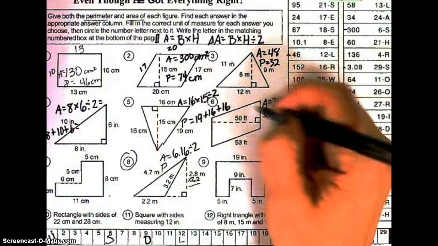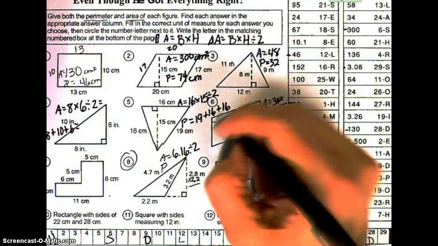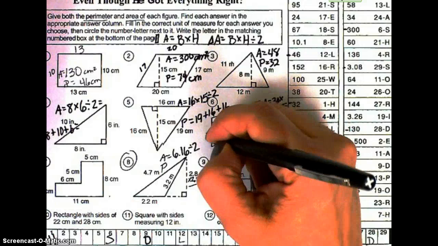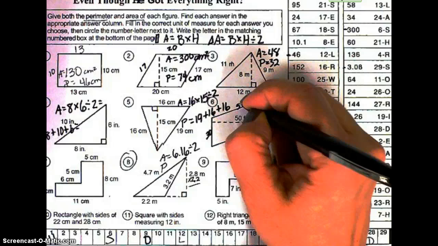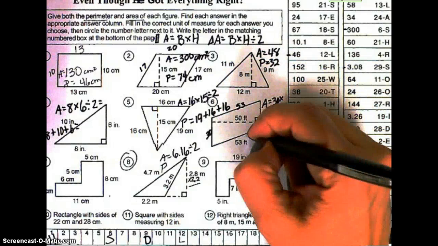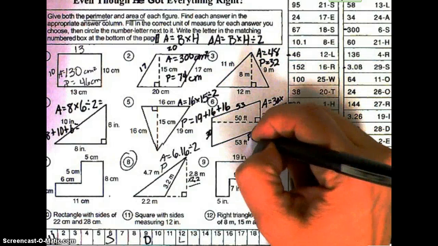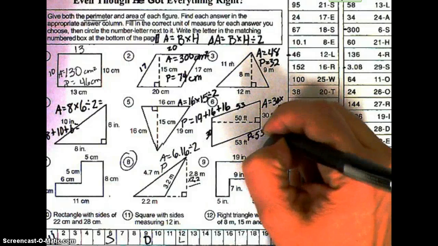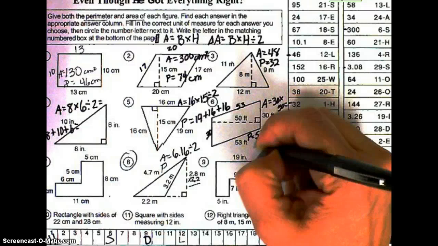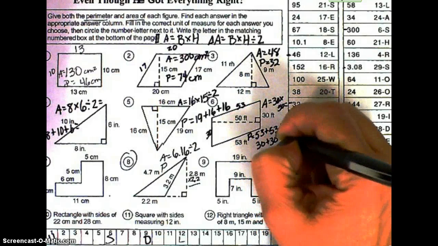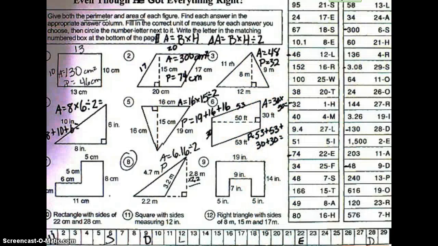Some of them are not given, but if this is a 30, this side also must be a 30. If this is 53, this side also must be 53. So for your perimeter, you're going to add 53 plus 53 plus 30 plus 30 and find out how much that equals, and you'll be able to find it over there on your grid.